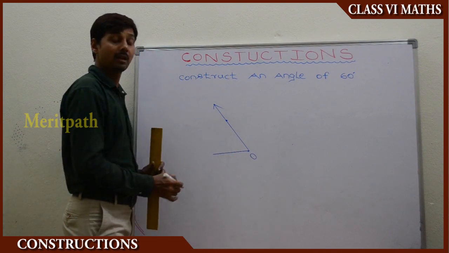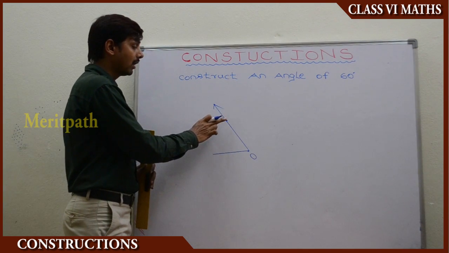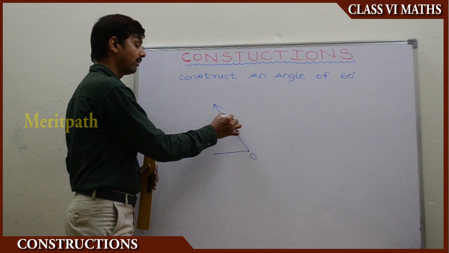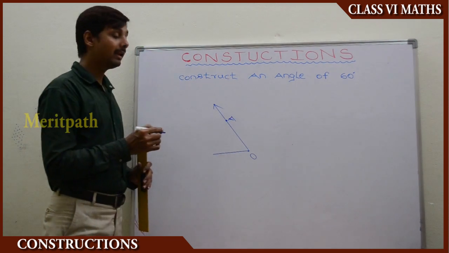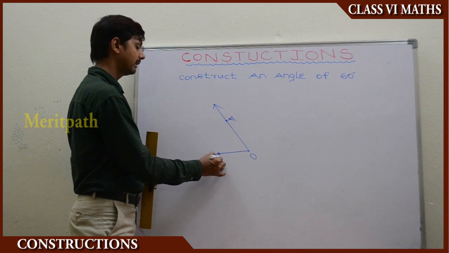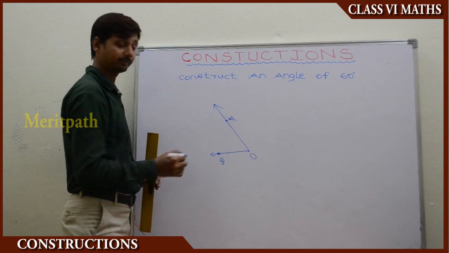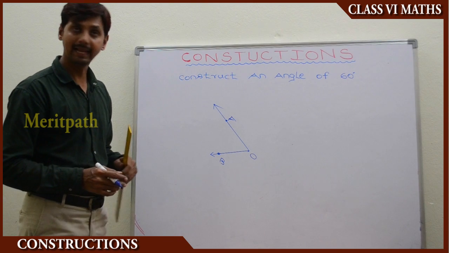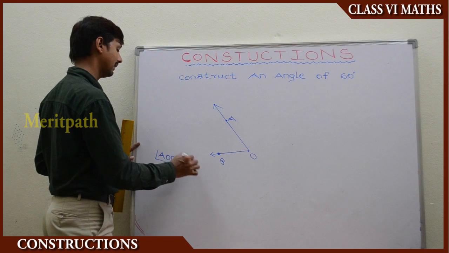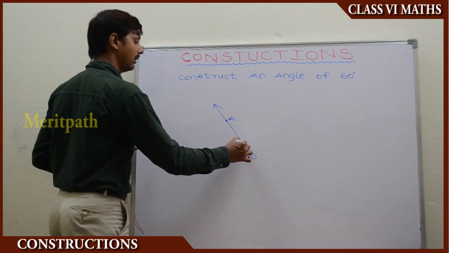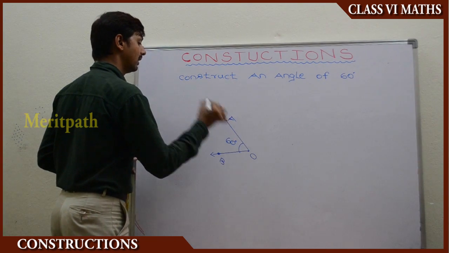The initial point is this, and after making the angle, we keep the point here as A, and the terminal point here as B. So the angle is angle AOB. You know how to represent an angle. This is the symbol for angle, and we have constructed 60 degrees.